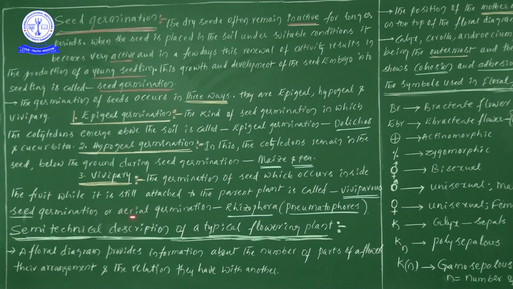Viviparous seed germination we will also call by one more name, aerial germination. Aerial means the seed germination is taking place in the air only.